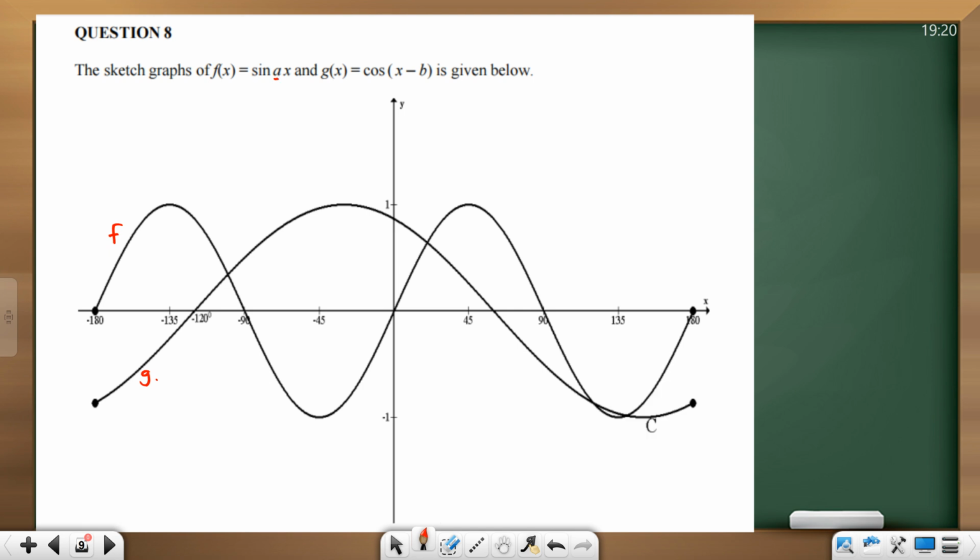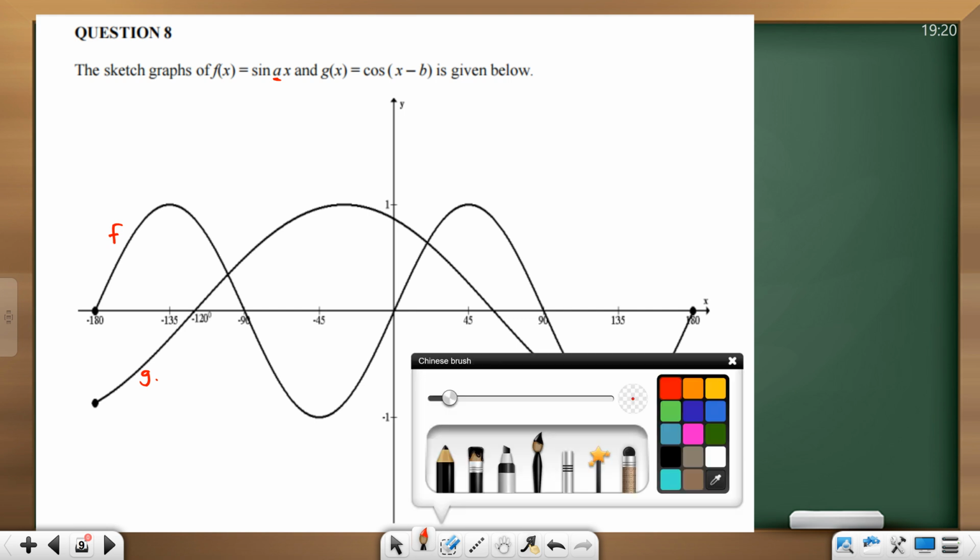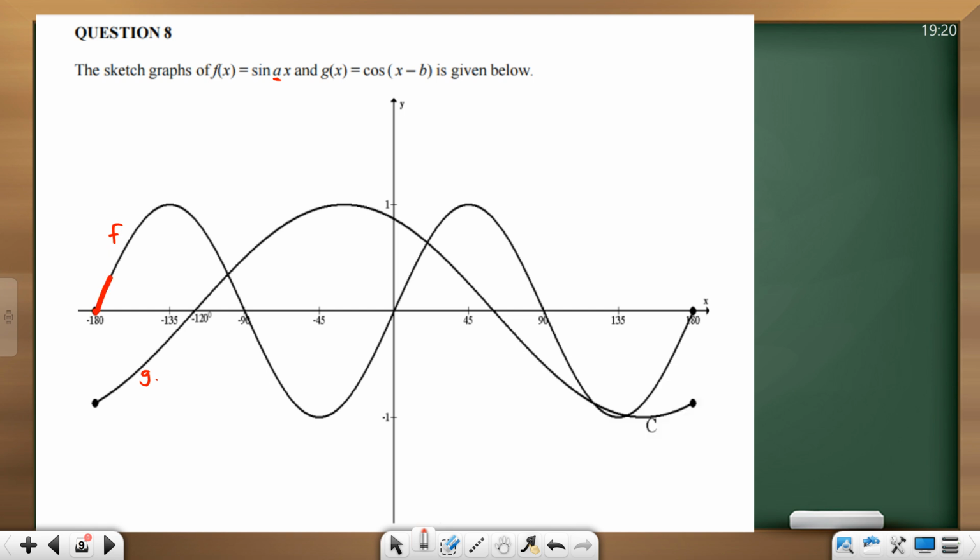We're looking for this. The number before the x, which is our own b, what did I tell you it does? Tells you the number of graphs in what? 360. I'll show you 2 ways of getting this value. Either you count, if you can count. Let's look at this graph. What do you notice?